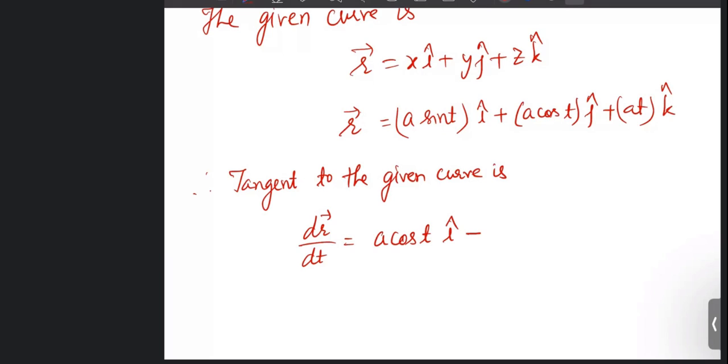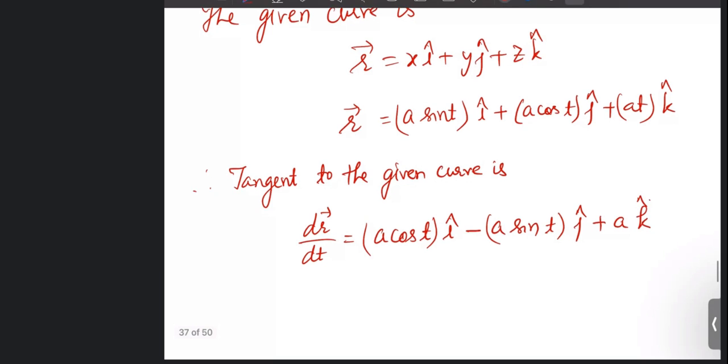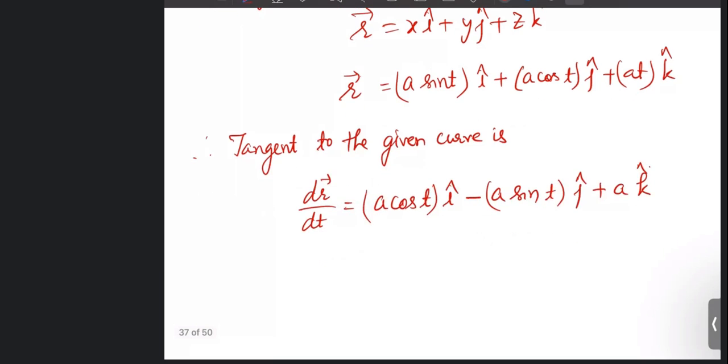Derivative of cos t is minus sine t. Derivative of a t is just a k. But this is to be determined at t is equal to pi by 4. Cos pi by 4 is 1 by root 2. Sin pi by 4 is also 1 by root 2.